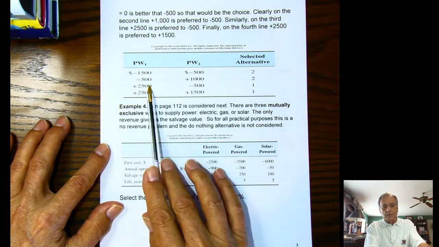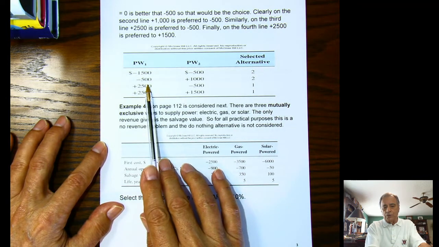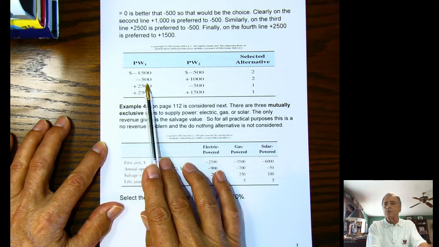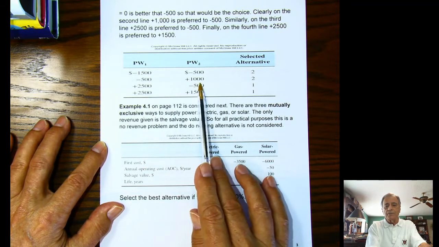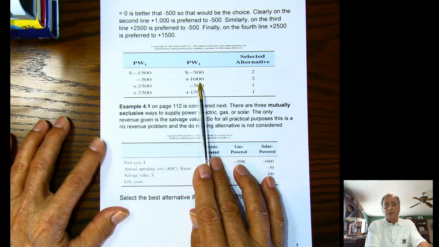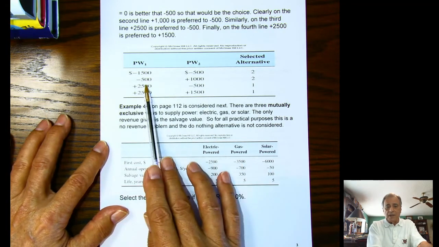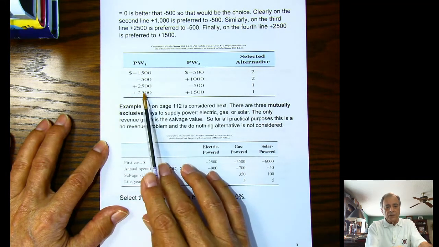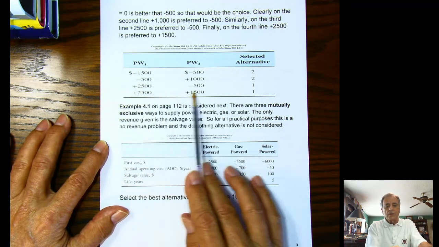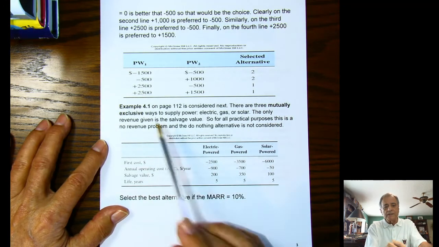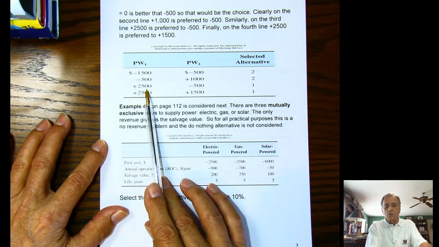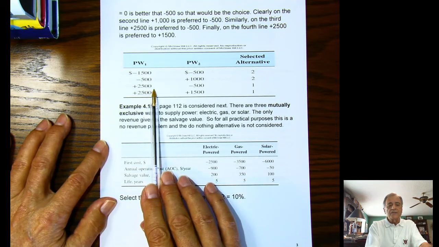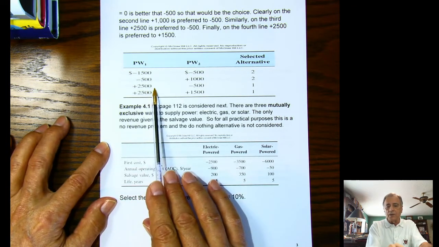Similarly, row 2, you have 2 alternatives. One has a present worth of minus 500, the other plus 1,000. Certainly 1,000 is better than minus 500, so you'd select that one. Row 3, you're presented with 2 projects, 1 and 2. Project 1 has a plus 2,500 present value when calculated at the MARR.